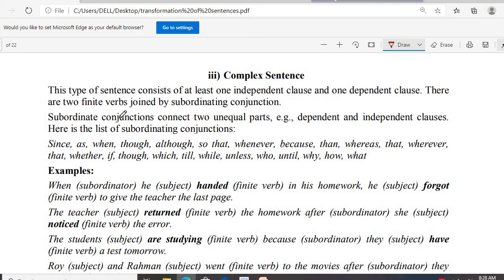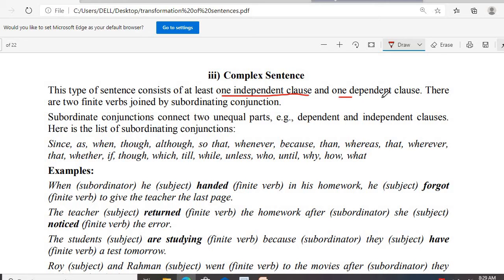But once you understand the sentences and their characteristics clearly, it will become very easy for you and very interesting. A complex sentence consists of at least one independent clause. You must remember this.